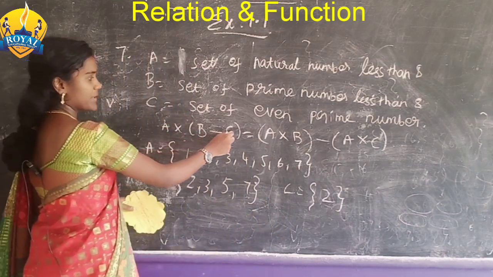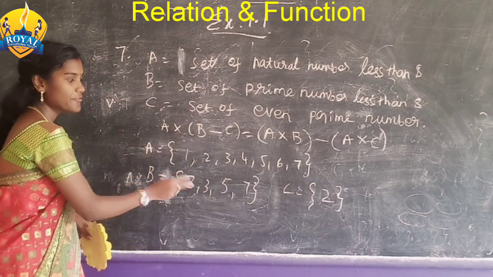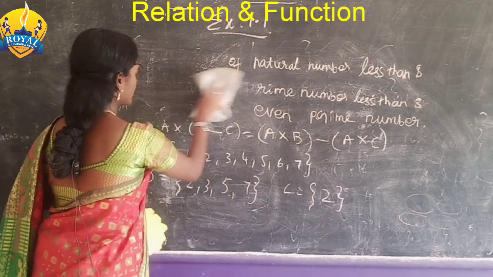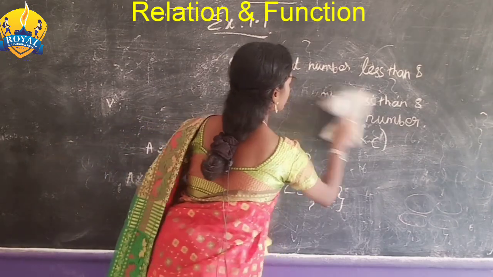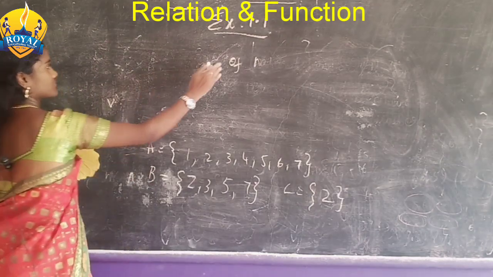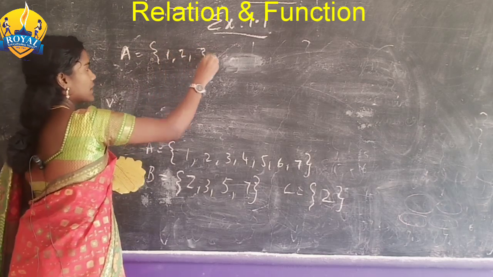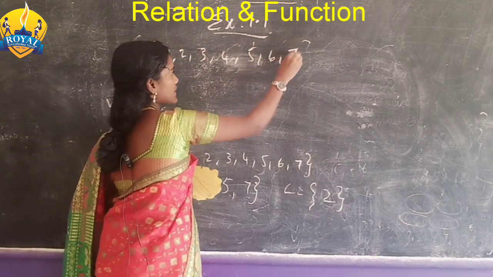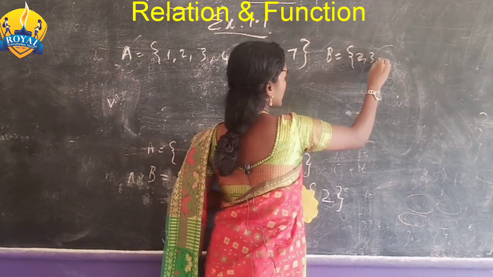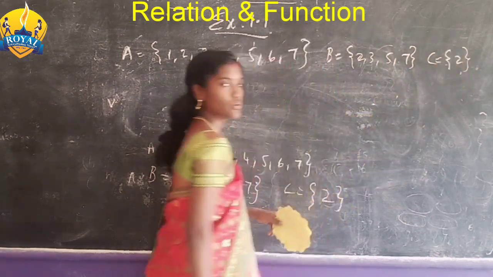B minus C means except the numbers from C, you have to write the numbers from B. Here A is 1, 2, 3, 4, 5, 6, 7, B is 2, 3, 5, 7, and C is 2.